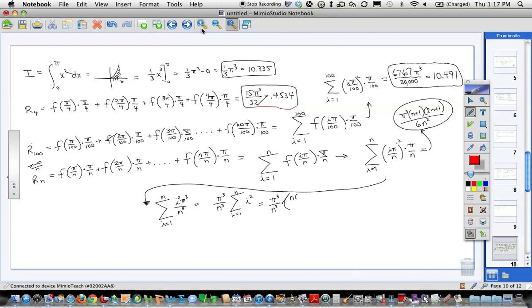N times, at the bottom of page 357, n plus 1, 2n plus 1, all over 6.